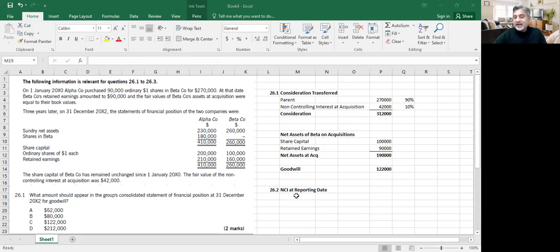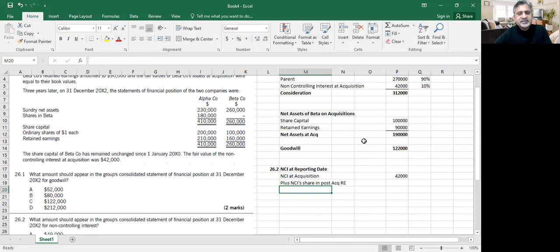So this NCI at reporting date will be equal to NCI at acquisition, which was this 42,000, plus NCI's share in post-acquisition retained earning. Sometimes we call it post-acquisition change in the net assets, but here I'm keeping it simple. I'll call it retained earning. When do we say net assets? I will discuss later.